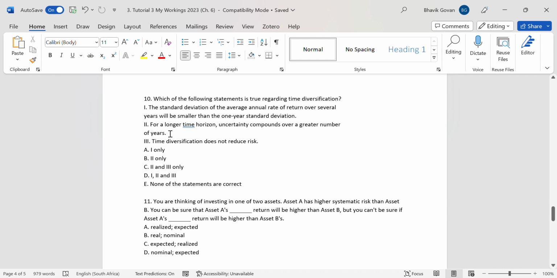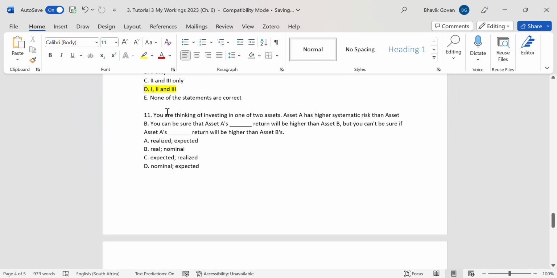So basically, as you go further and further into the future, your risk gets bigger and bigger, which is true. Time diversification does not reduce risk. That is also true. So the answer is D.